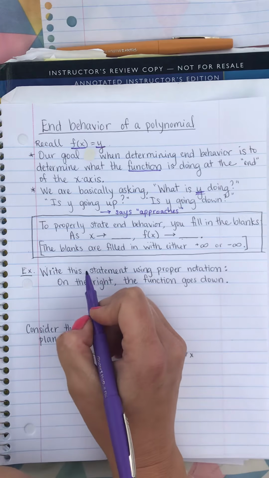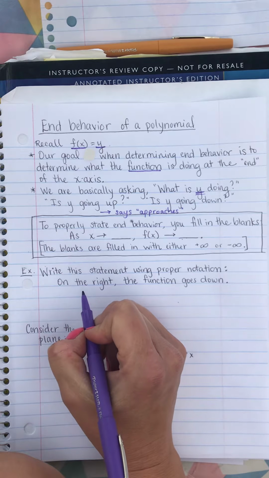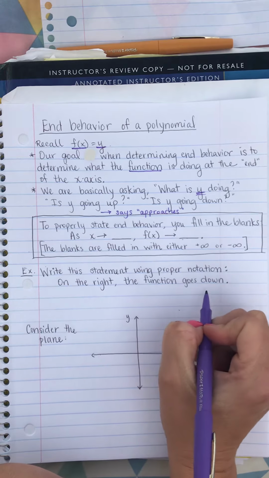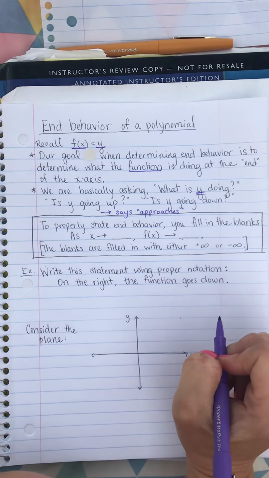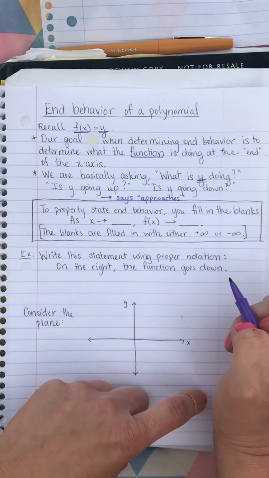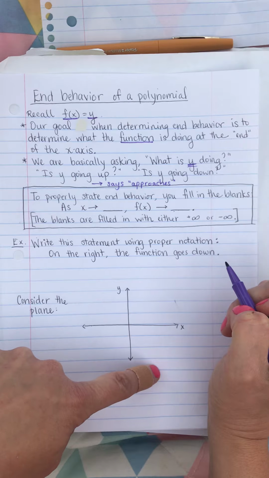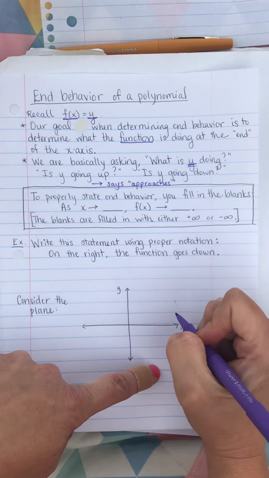So let's think about this statement, and let's think about writing it in proper notation. On the right, the function goes down. What does that mean? Okay, that means we're on the right-hand side and our function's going down. So how would we write that?